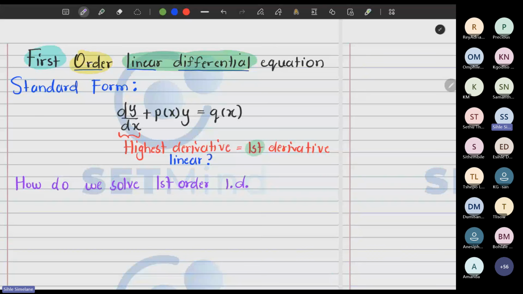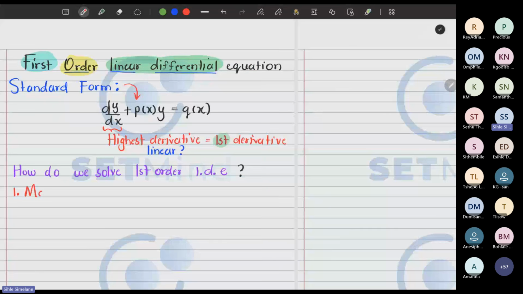Step number one, what you need to make sure is that our differential equation is written in standard form. Remember what I said is standard form, guys. It is the form which we see here. So the first thing you need to do as part of your solving is to make sure that the DE, for differential equation, is written in standard form. So that is very important.